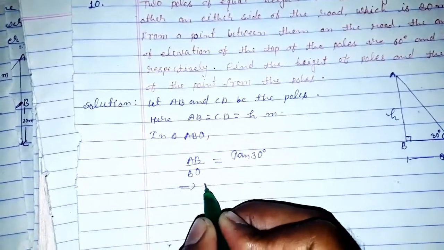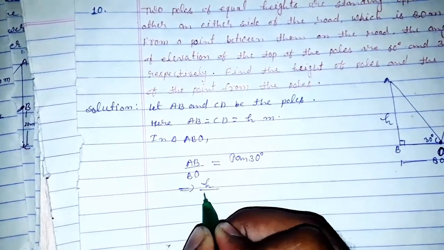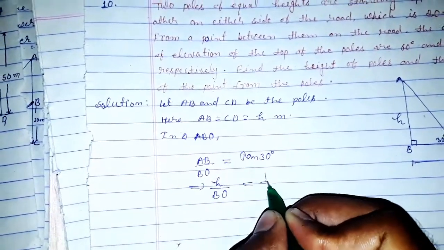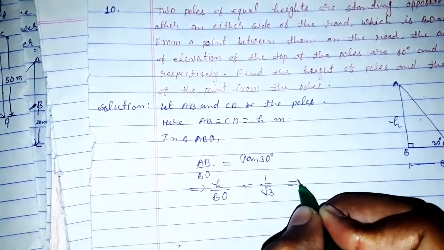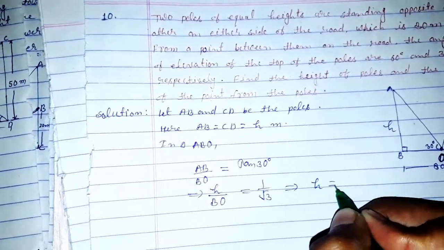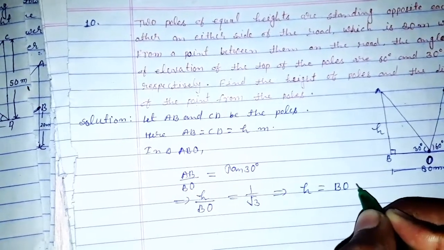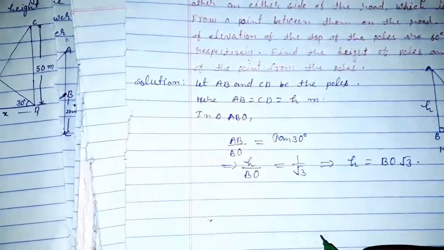Imply that AB is h, and BO is equal to, tan 30 is 1 upon root 3. So h is equal to BO root 3.